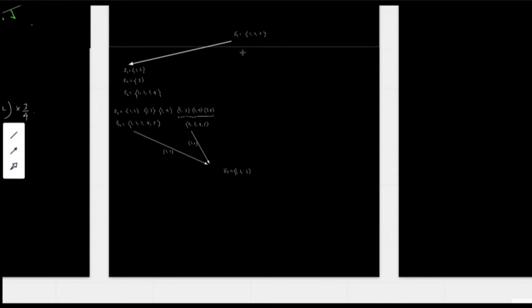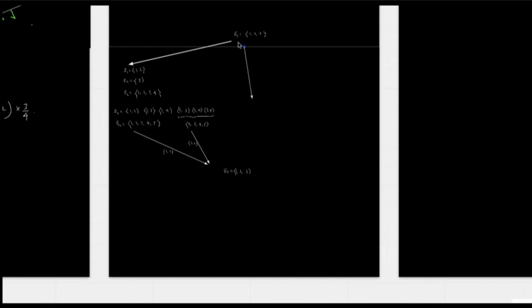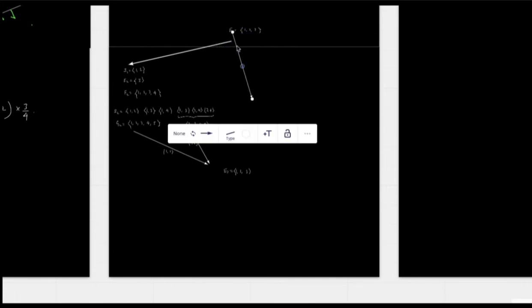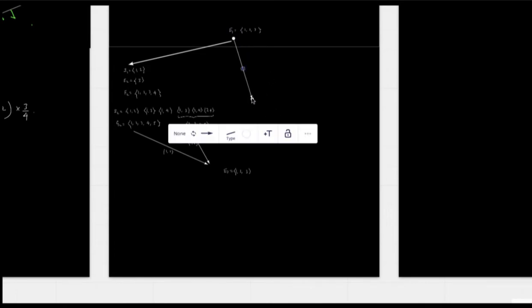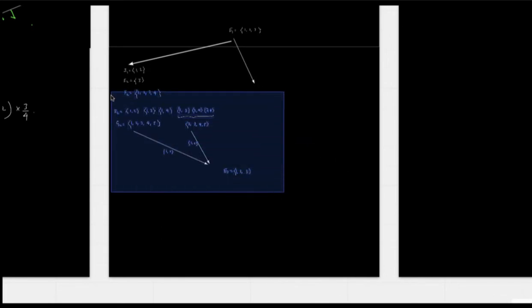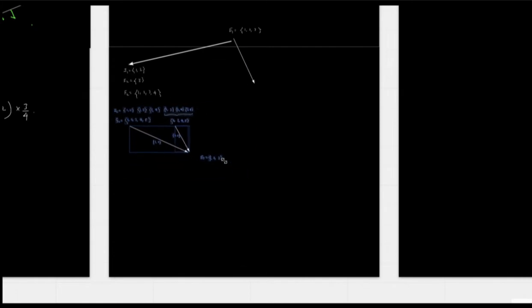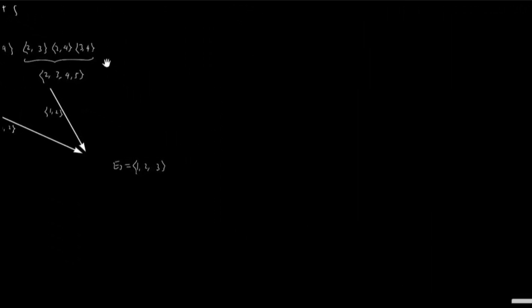Similarly, if we go to another situation, that is E2, like this. Right, in another situation, what we see here, we select this. Similarly, you can go ahead for E3.